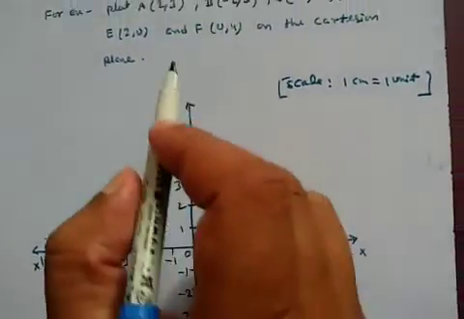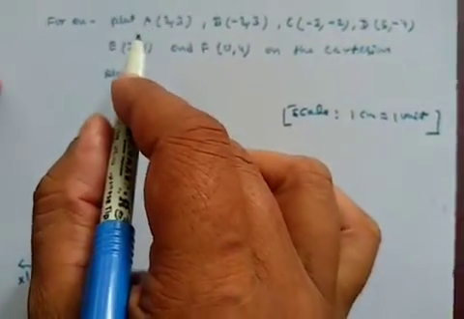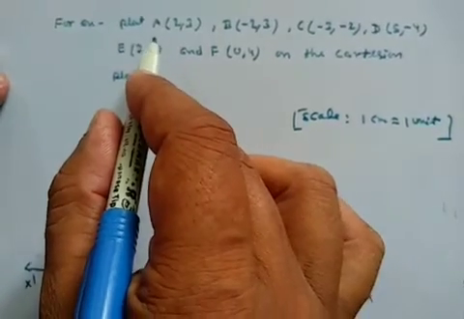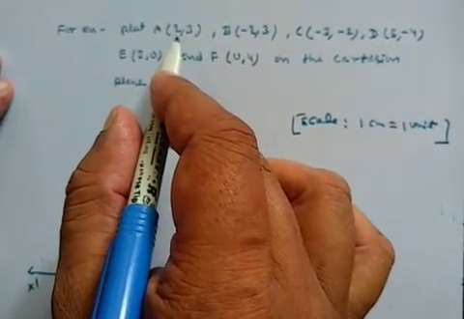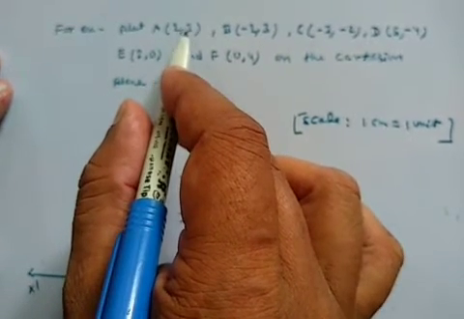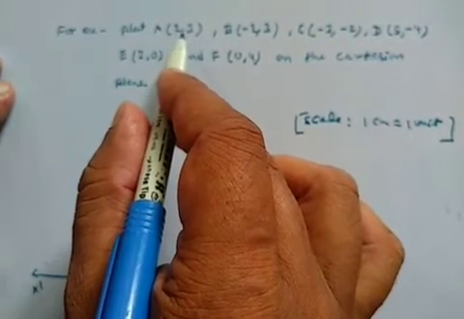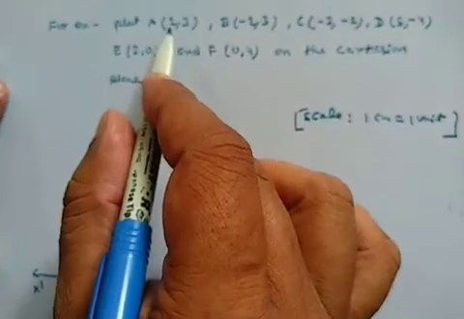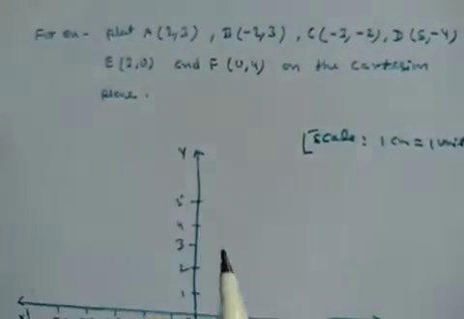First point is A. You see both coordinates are positive, so it must lie in the first quadrant.